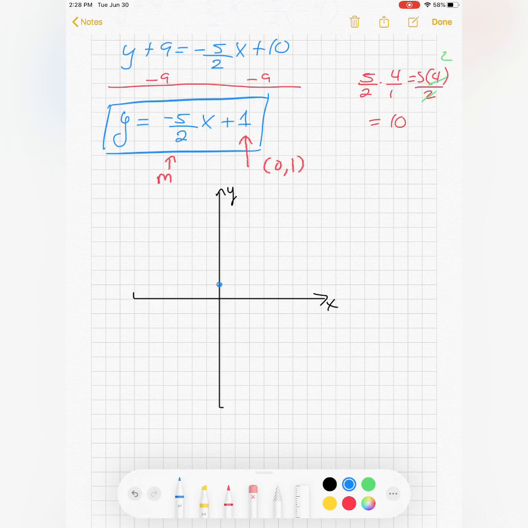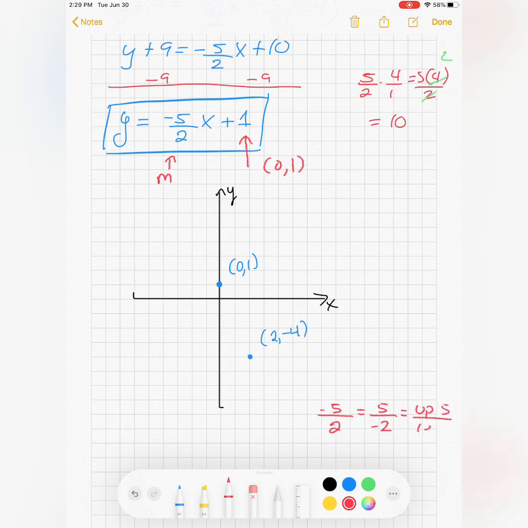Okay, here's the y-intercept. Slope says go down 5, right 2. So again, with negative 5 over 2, I could also think of that as 5 over negative 2.